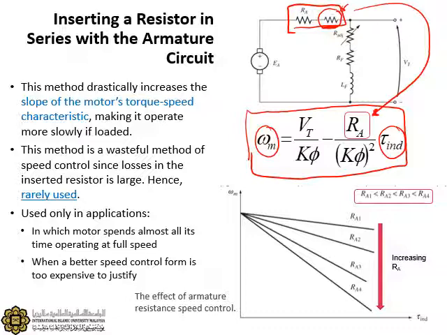So we are only affecting the second element in the equation. We are not changing the bias. This bias here is not changed at all.